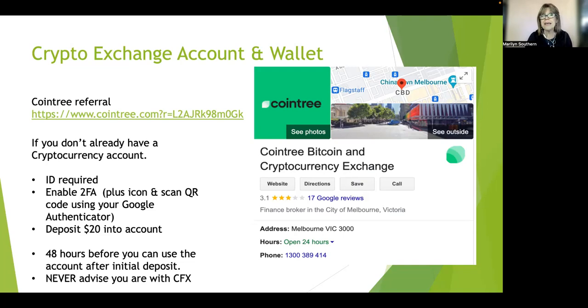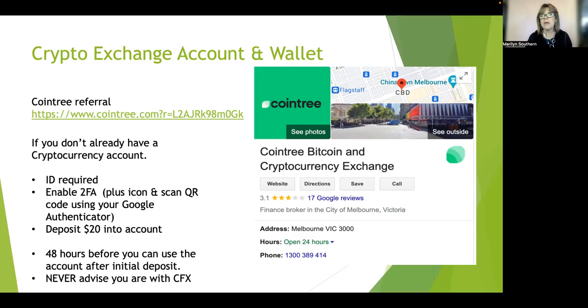Never ever advise CoinTree or any other crypto exchange, regulated crypto exchange in Australia, that you are with CFX. Why is that? Because CFX is not centralized, it is not regulated, so it does not have to report to the ATO.